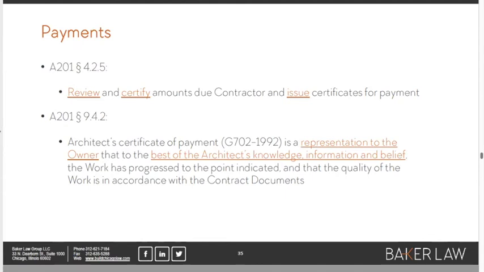There's a big qualifier, which I've underlined, that the work has progressed to the point that the GC says, to the best of the architect's knowledge, information, and belief. So again, that is architect-sided wiggle room that is going to lower the level of obligation that an architect has. An architect is not a guarantor of perfect construction, right? And that's one of the points that this document tries to drive home.